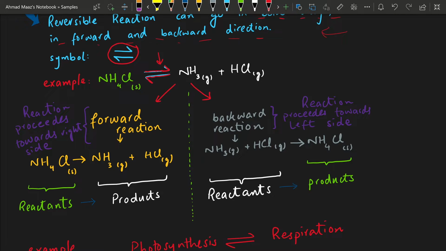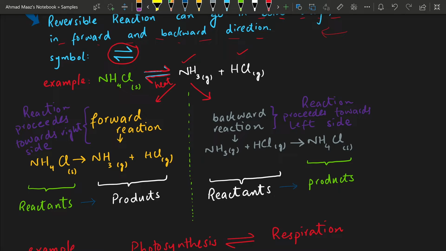Alright, now this is an example of a reversible reaction. We have ammonium chloride, an ammonium salt. If we heat this ammonium chloride, we'll obtain ammonia gas and HCl gas. Now, if we react this ammonia gas and HCl gas with each other, they can also be converted back into ammonium chloride.